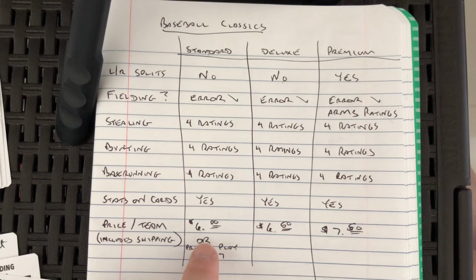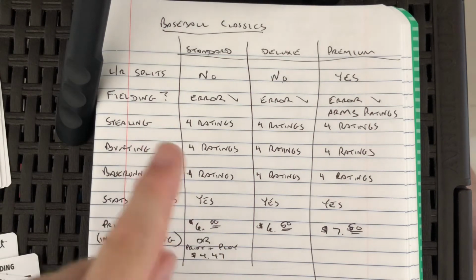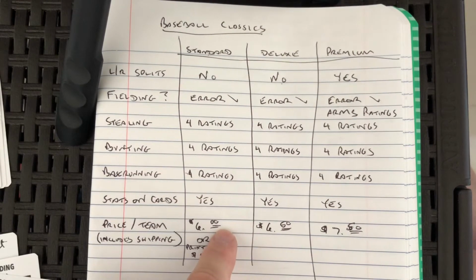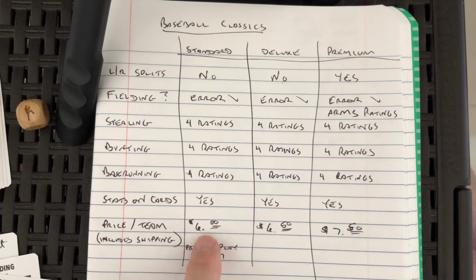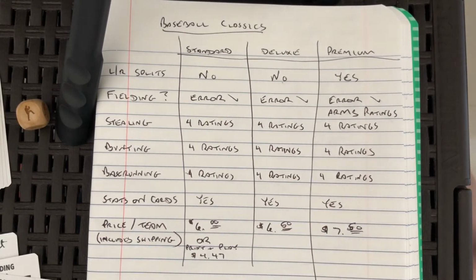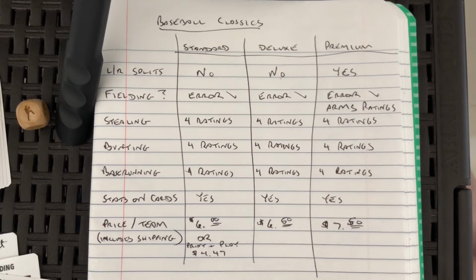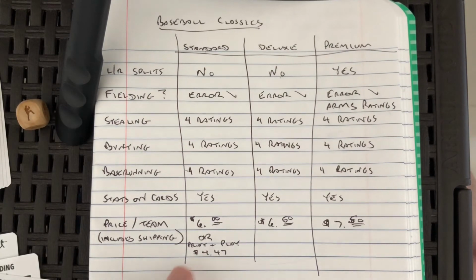You can order a hard copy of the instructions, and they will ship them to you, but you don't have to. With your purchase of either the standard or the deluxe or the premium teams, you get a download that you can print if you choose to.